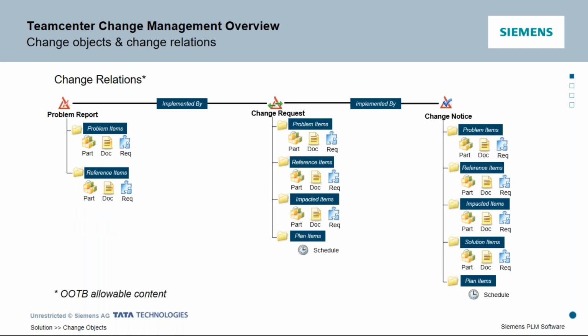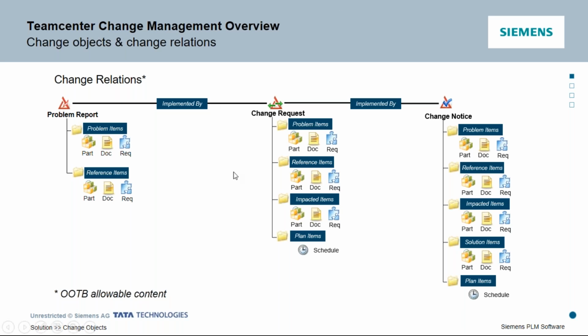The out of the box change management solution comes with certain out of the box objects and out of the box relations to capture all the data pertaining to the change process, starting from the driver state to the incorporation state. Okay.